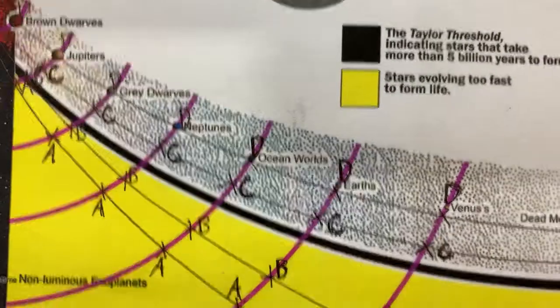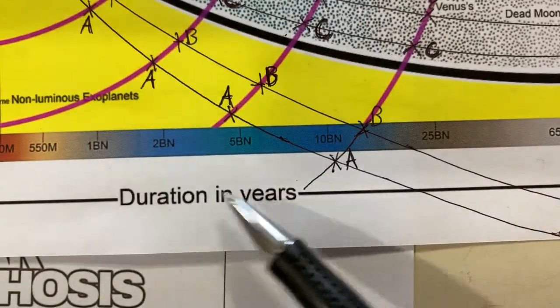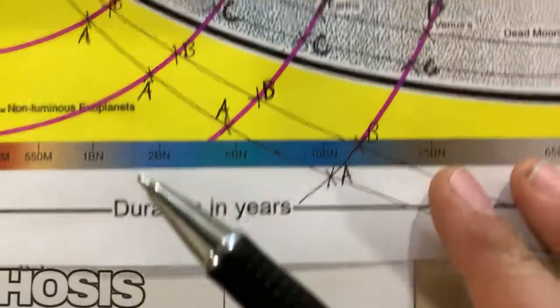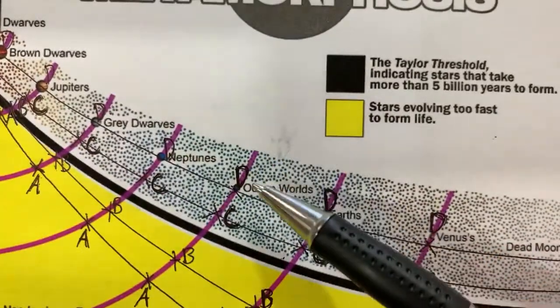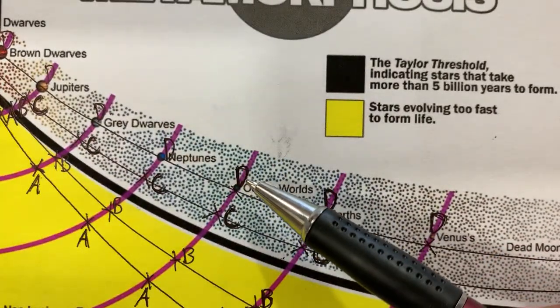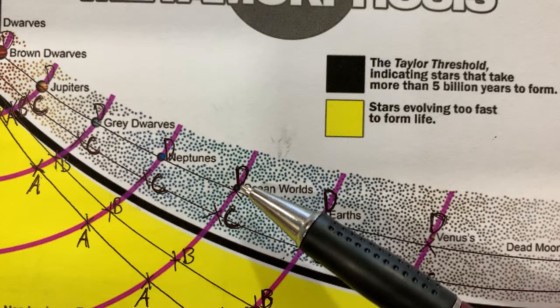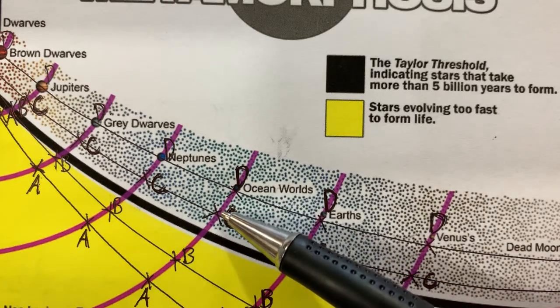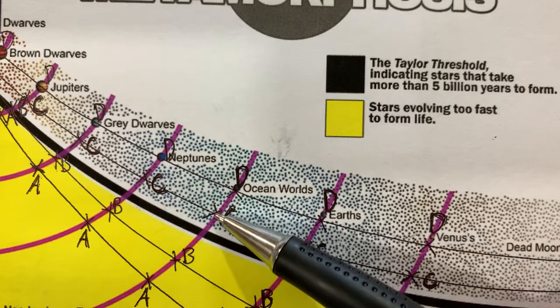So Charlie will reach there first, because remember, this is years. You get older as you move on this diagram. So Delta is the slowest moving one. It's going to reach the ocean world stages a lot later than Charlie.